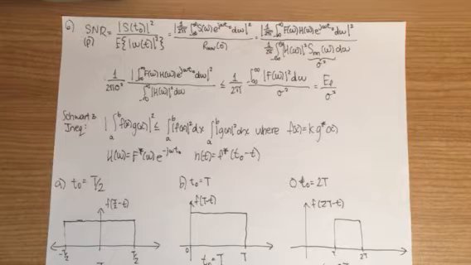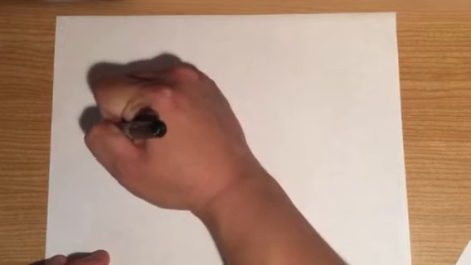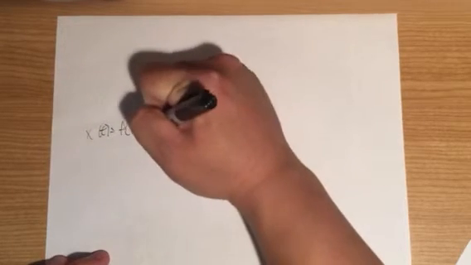Actually, there's one thing I forgot, but let's just keep going on with this. The one thing I forgot was that x of t equals f of t plus n of t.